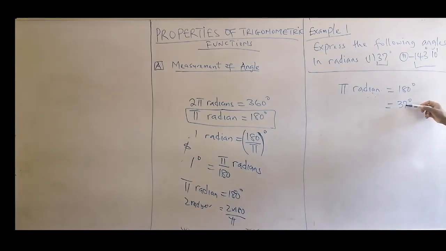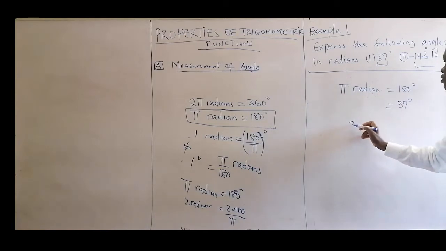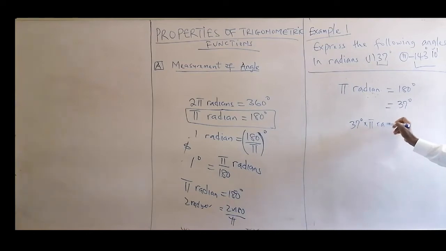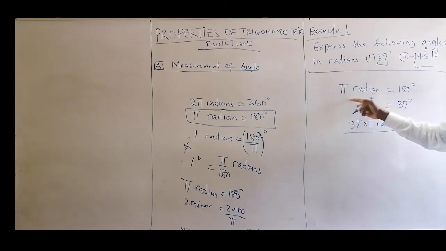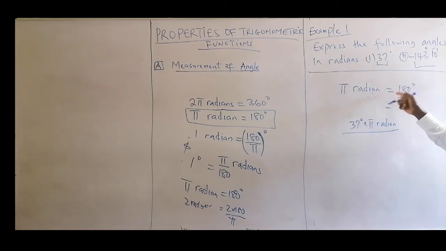We just cross multiply: 37 degrees times pi radians, all over what? The place that is empty times this one. That means the one that is empty will be below, over 180.